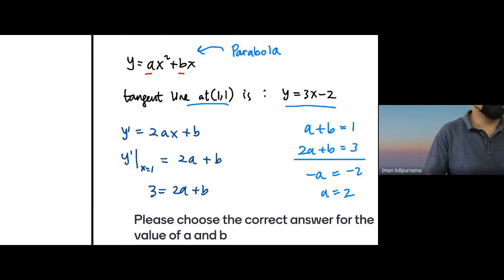So first thing, every time you read tangent line for any function, it means you need to find the first derivative to calculate the slope, the m. So we derive the function y here.